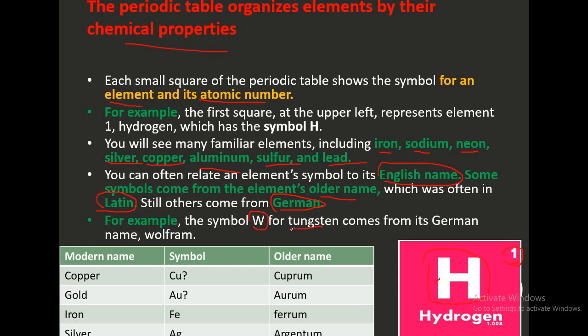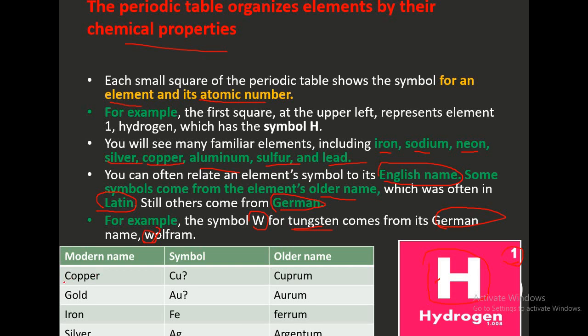It comes from the German name, Wolfram. So tungsten in German is called Wolfram, and the symbol of tungsten, W, is according to its German name.